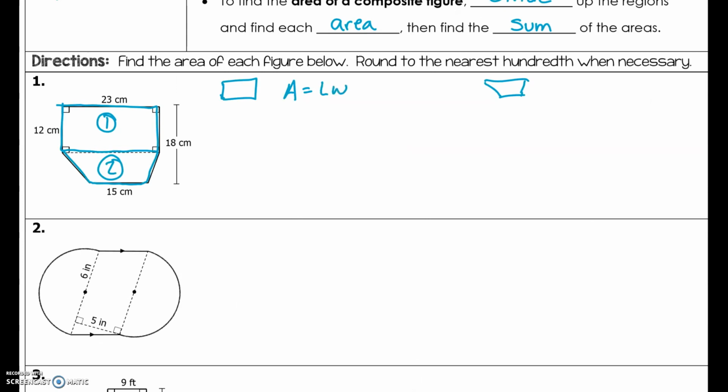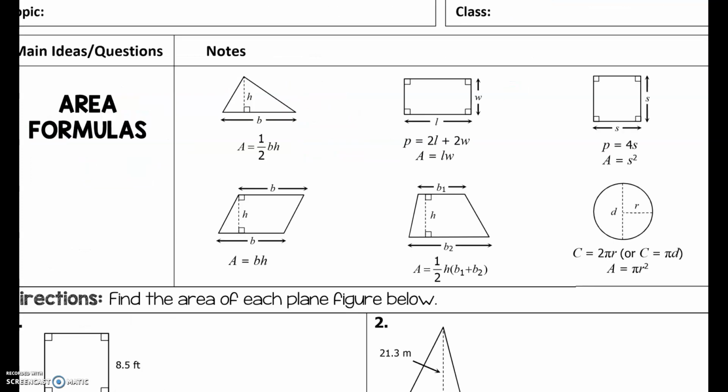So if I take the length and the width for this area, it would end up being 23 and 12, because that's the length of this side here. So we'd end up with 23 times 12. That would be the area for the rectangle, which in that case is going to end up being area equals 276 centimeters squared.